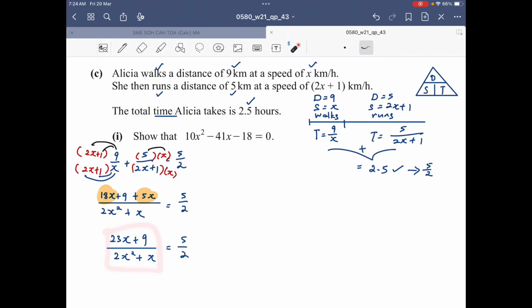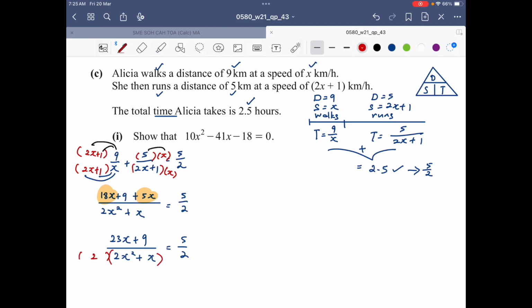Single fraction on the left, single fraction on the right. To make comparison possible, the denominator has to be the same. So we multiply both denominators to each of the different sides. So we multiply, or not x, it should be 2.